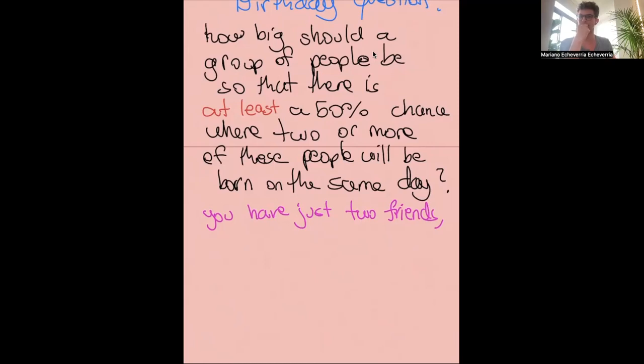7 times 6. Because okay, that's 7 days, and each person can have a birthday in any of the 7 days. So the sample space is just 7 to the power of n. Then everyone can have a birthday on 1 day.